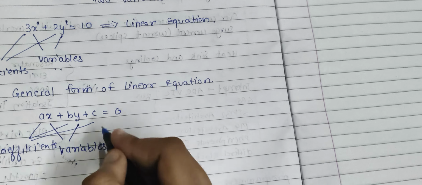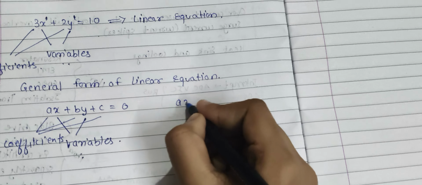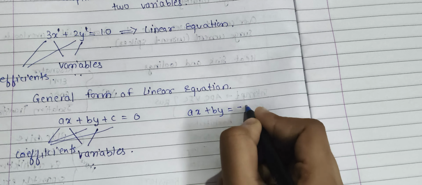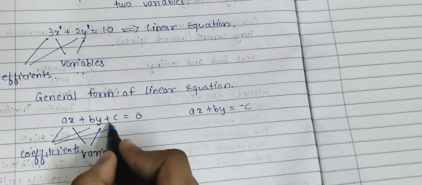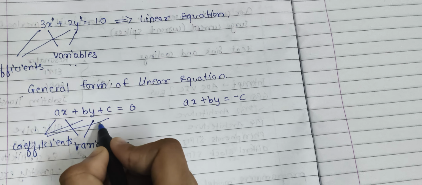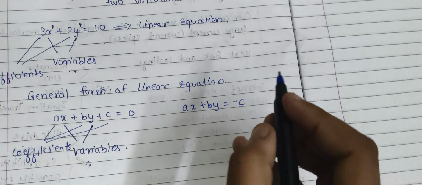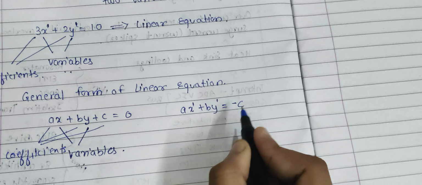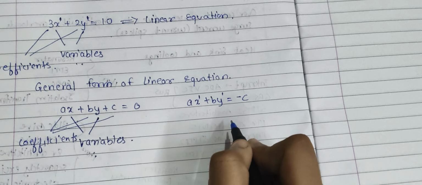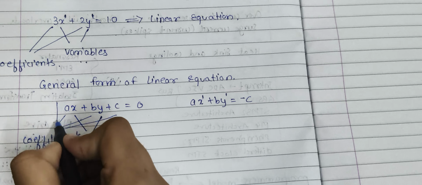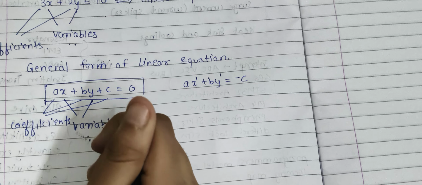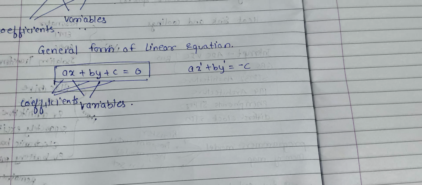So this can be reformed as ax plus by is equal to minus c. We have just taken this c from the right hand side to the left hand side. It has two variables and the degree of each variable is 1, so it is known as a linear equation. Keep in mind the general form of the linear equation, which is very important further while solving the questions.